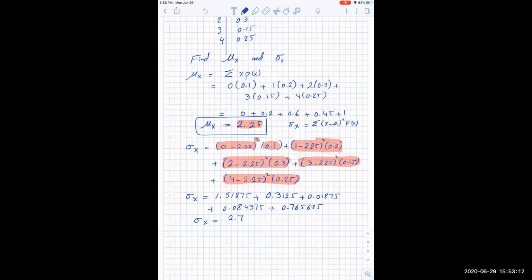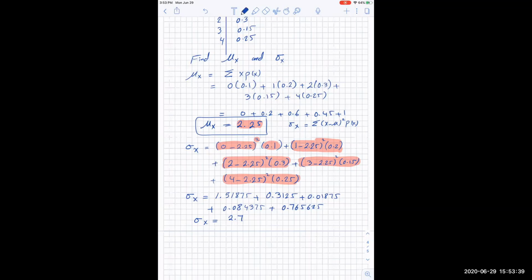Did anyone do the calculations here? Professor, when you put these equations into the calculator, do you have to put parentheses around it, or does it make a difference? Like for the 0 minus 2.25 squared times the 0.1, do we put it in the calculator?